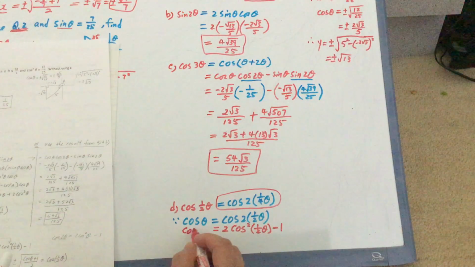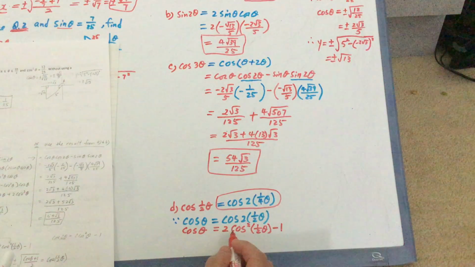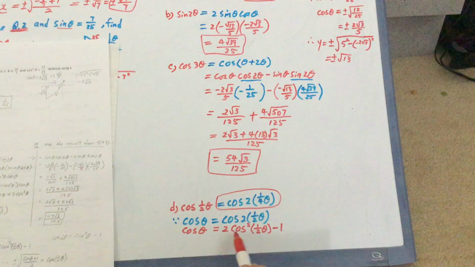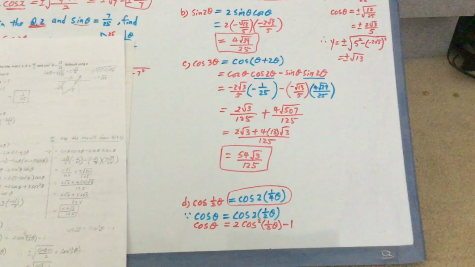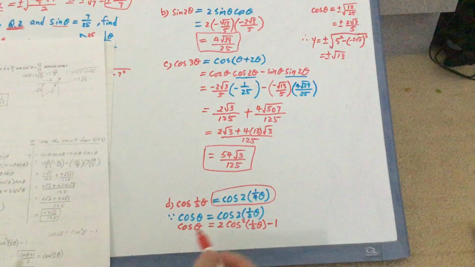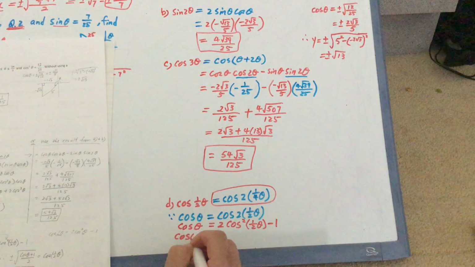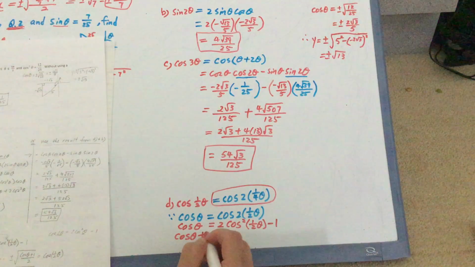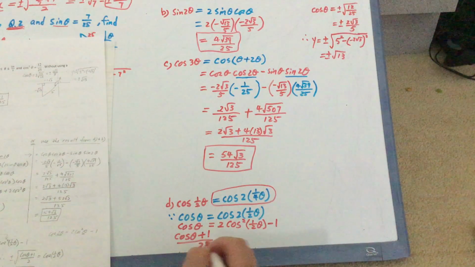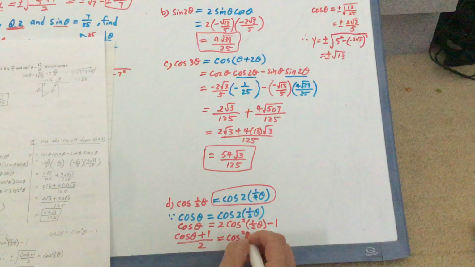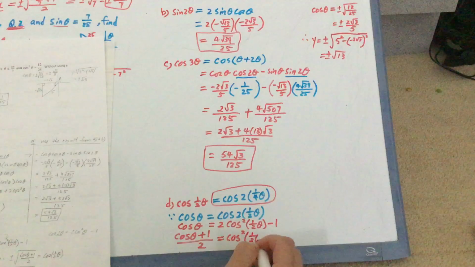Okay, let me just write this here. Now I can rearrange everything. When I rearrange everything, I'm going to bring over plus 1 and then divide by 2. So I will end up with cos square half theta.